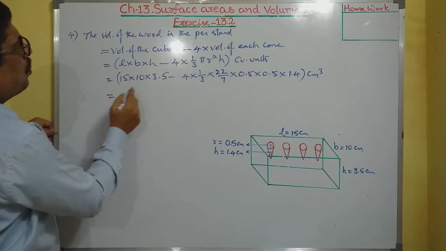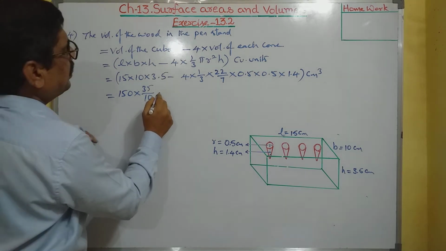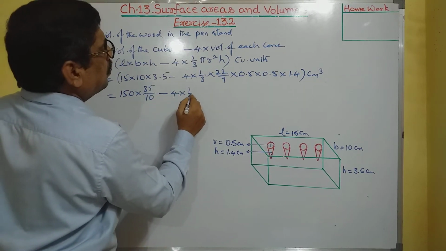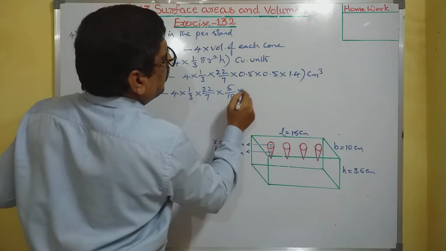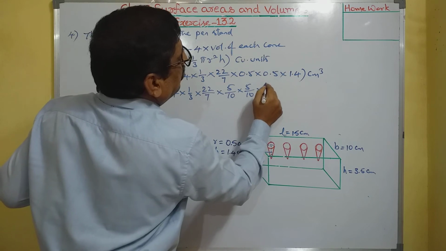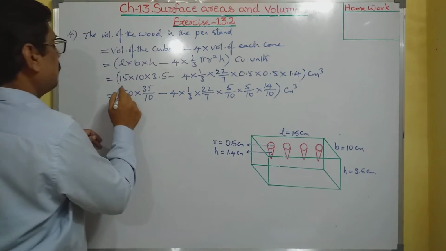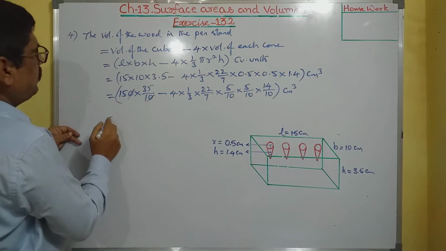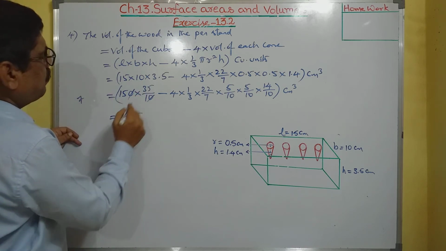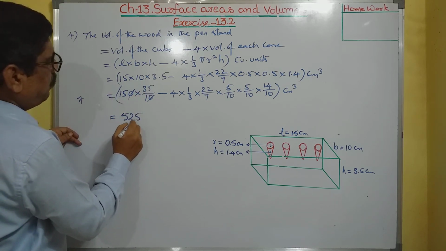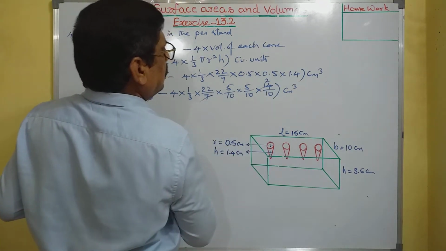Now let us simplify this. 15 times 10 into 35 by 10 minus 4 into 1 by 3, 22 by 7, 0.5 is 5 by 10, again 5 by 10, 1.4 is 14 by 10 centimeter cube. Okay, now 0 will be cancelled. Here 15 5s are 75, 5 7s are 35, 525 minus here 7 2s are 14.